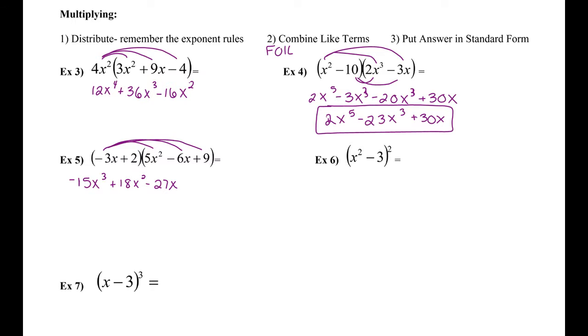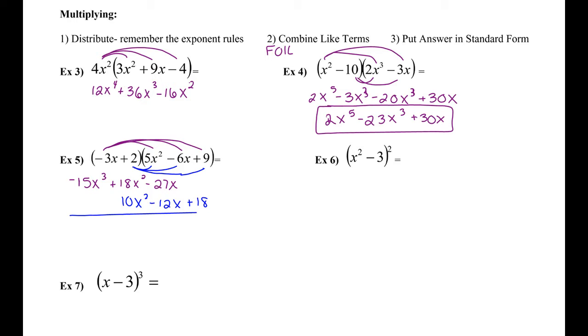Then I'm going to distribute 2 to everything, and I'm going to line these up vertically so that I can add them together using the vertical method when I'm done. So I get 10x squared minus 12x plus 18.